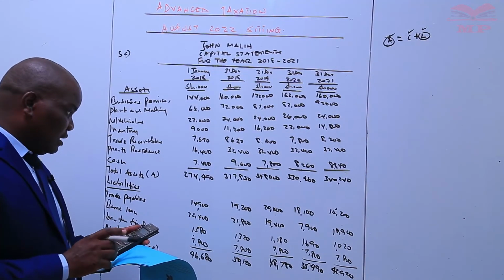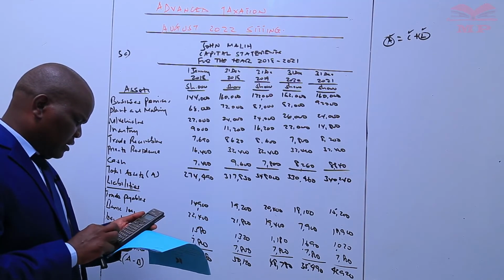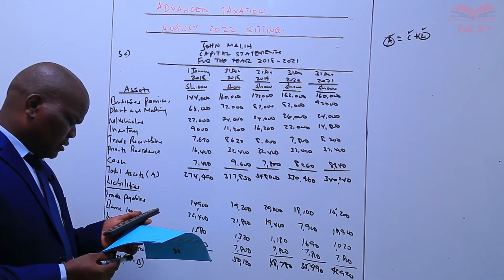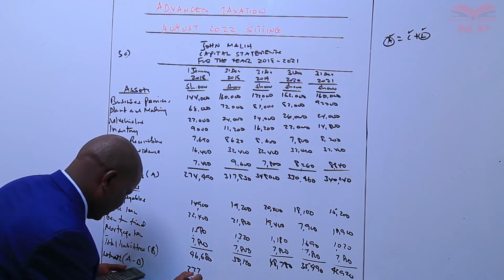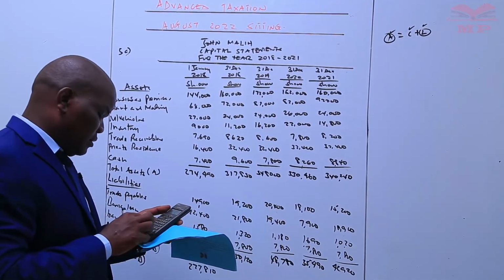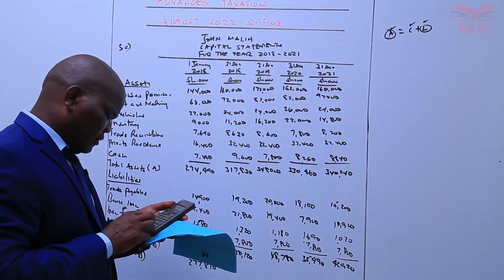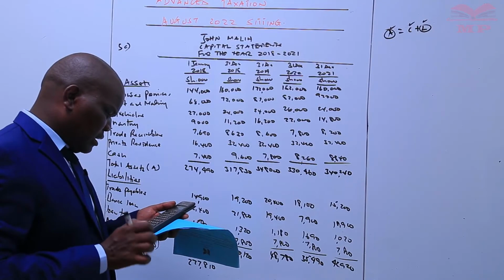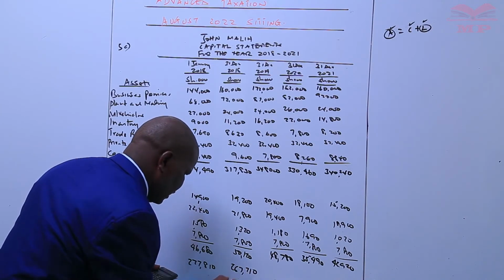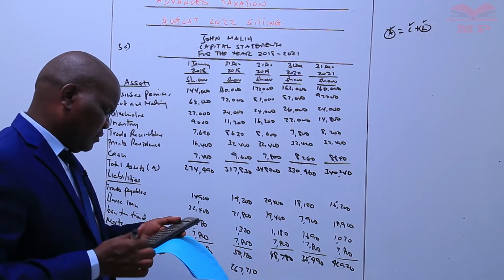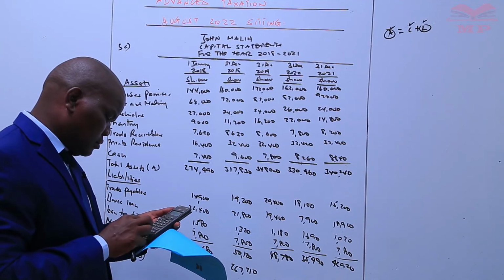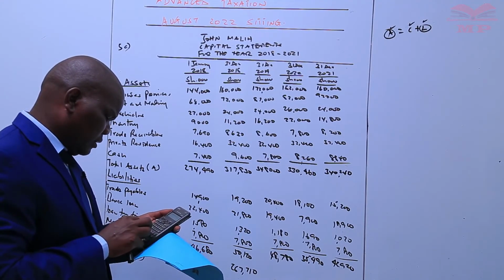We move to 2018 January: 274,490 minus 46,680. I get 227,810. Next, 317,830 minus 50,120. I get 267,710. Next, 348,000 minus 48,780.